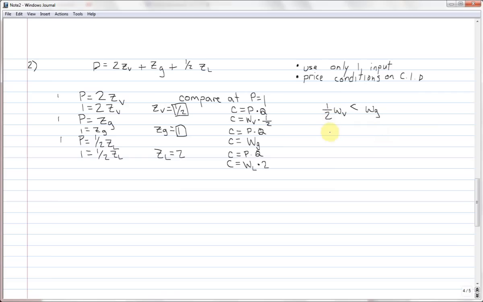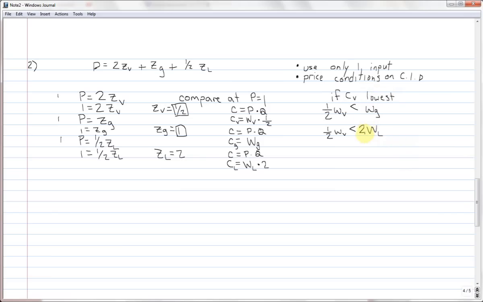And 1/2 WV then must also be less than 2 times WL, right? If it's going to be the cheapest way to produce 1 unit, then it has to be less than this C, which I'll label CL, and it also has to be less than CG. So this is if CV lowest.